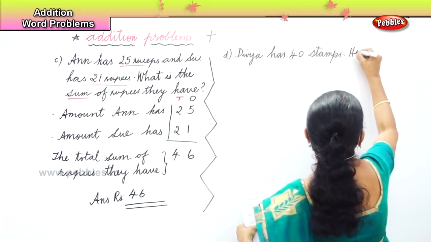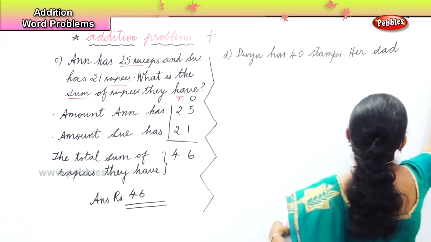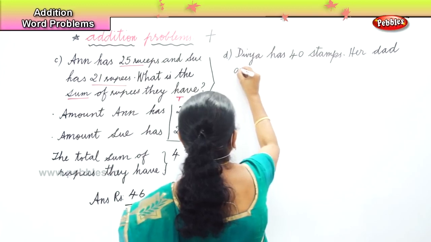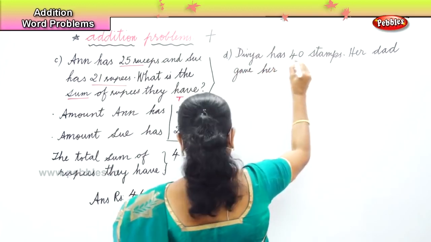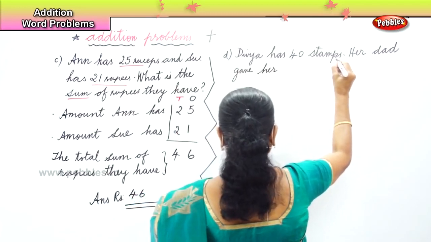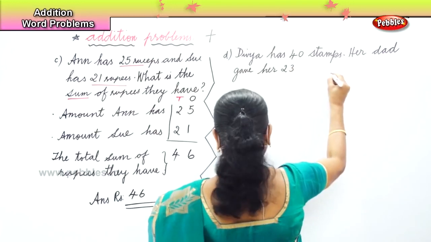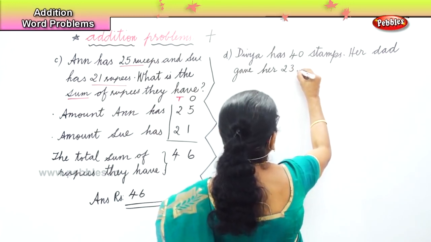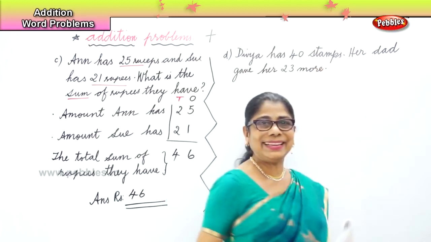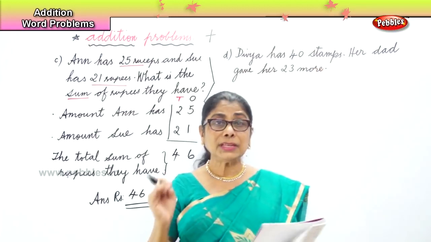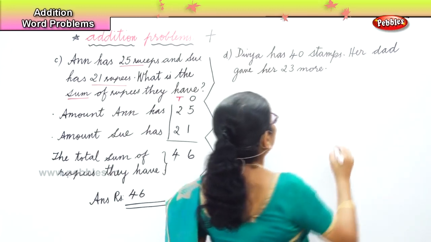Her dad, what did her dad do? Her dad gave her 23 more. Now the question here is, what is the total number of stamps she has?